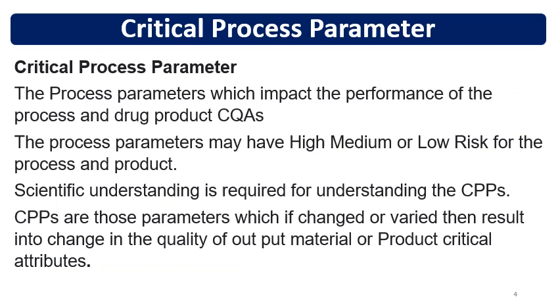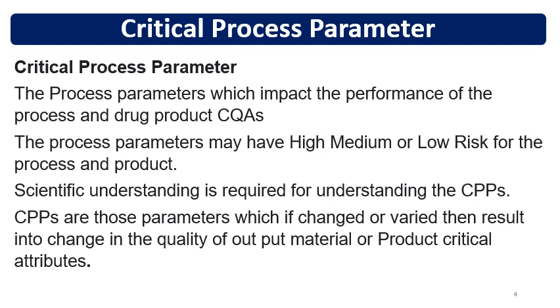Then the critical process parameter. Now you know the process, you know the parameter, and now the critical process parameter. These are the parameters which have a great impact on the performance of the process and the drug product CQAs. In pharmaceutical manufacturing, critical process parameters are those parameters which impact the performance of the process and the drug product CQAs.